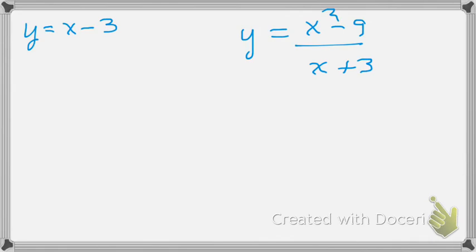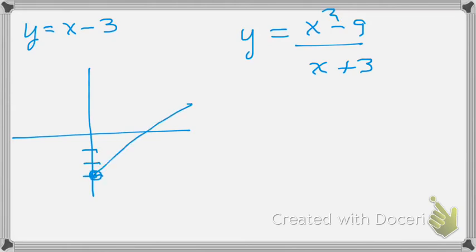Okay, when you go to graph this one, it's just a line that crosses at -3 and has a slope of 1. Like that, right? So we remember the relationship between this equation and this line.